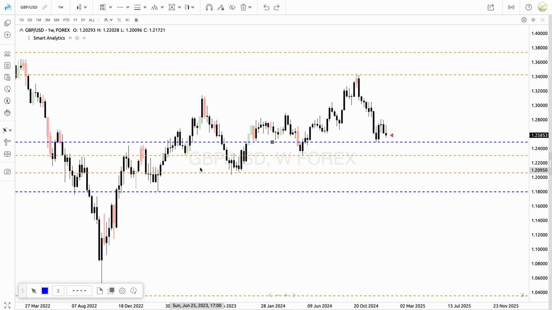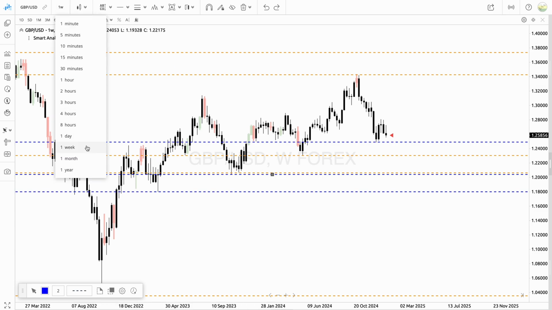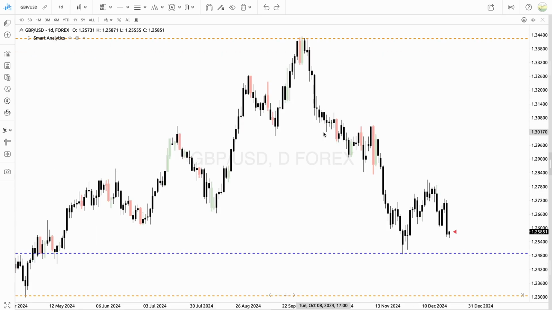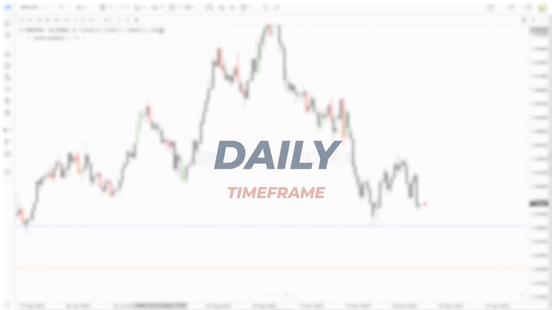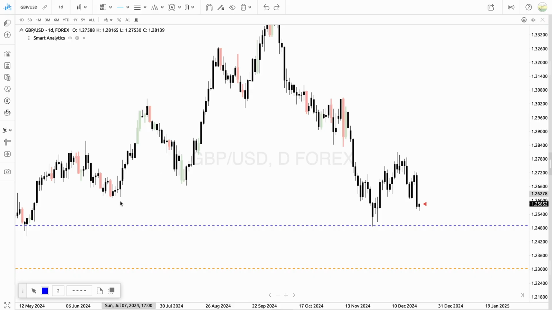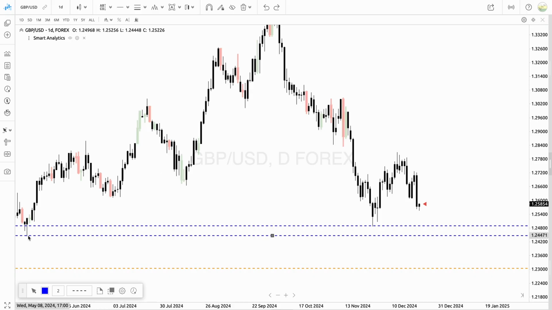We may go lower. But what I'm doing is identifying the high probability areas where price has the potential to reverse. And so we want to find those areas because that's how we make our money. That's where we take advantage and capitalize on what the market has to offer.